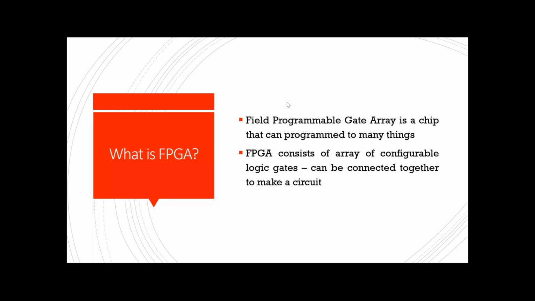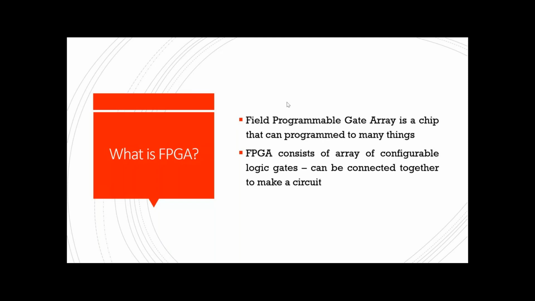You can design it as some communication system, or as some medical equipment, whatever you want to do. The name itself indicates it's an array of gates, right? It can be AND gates, OR gates, or logical flip flops, many things. It's an array of gates, and that array of gates can be programmed in the field.